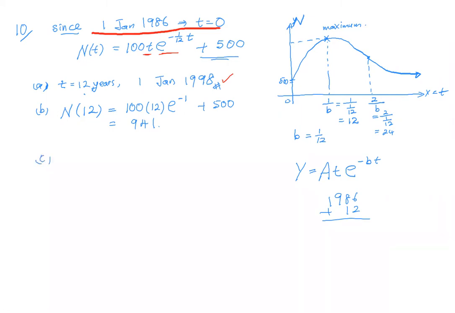So 1st January 2010, I have to take away 1986, which is 24. Right? So I have to look for N24. If you key this into your calculator, you can just use your Y1. You don't have to substitute.